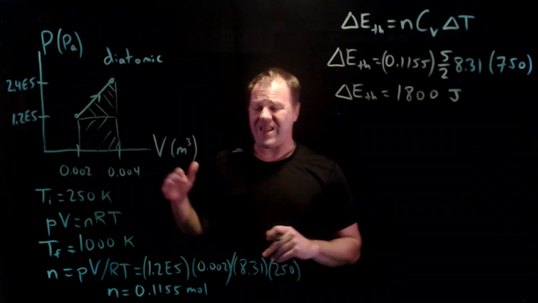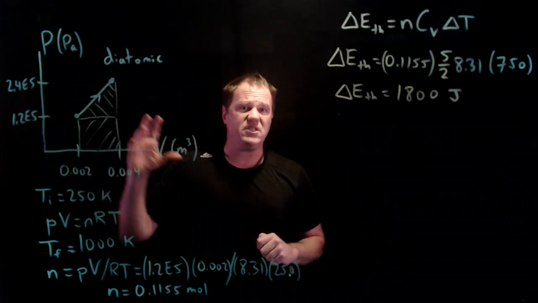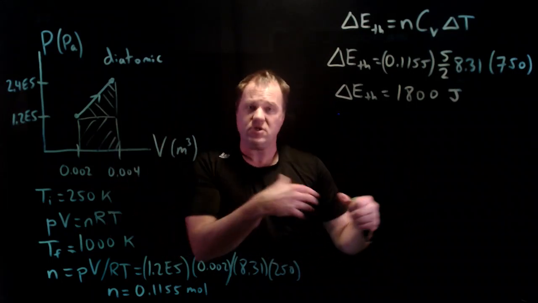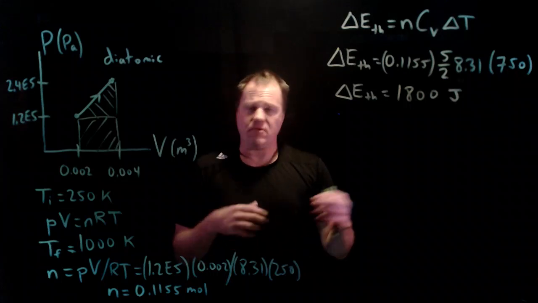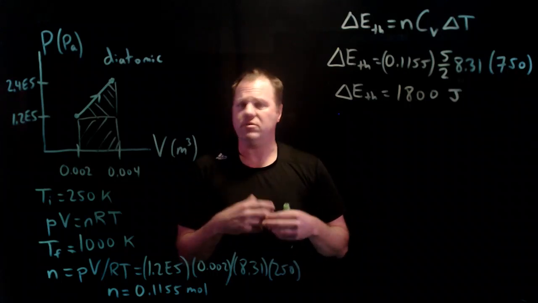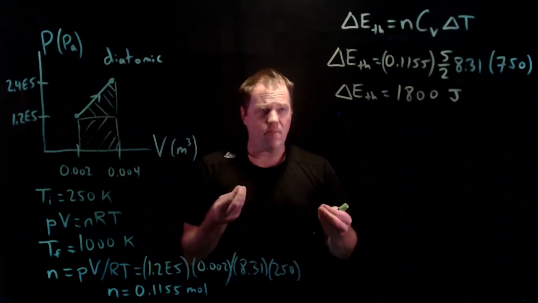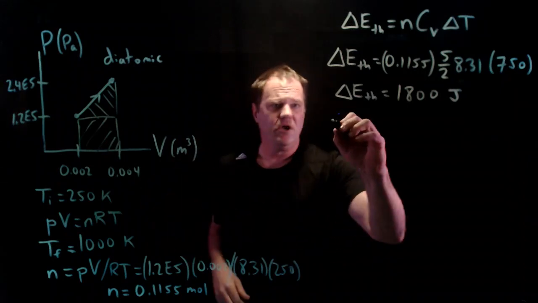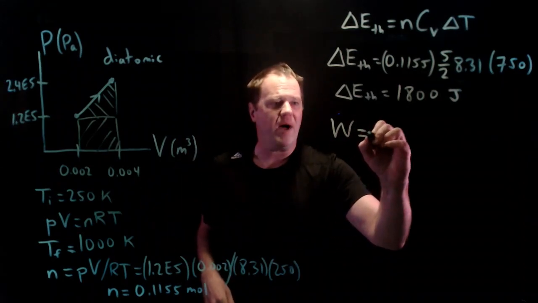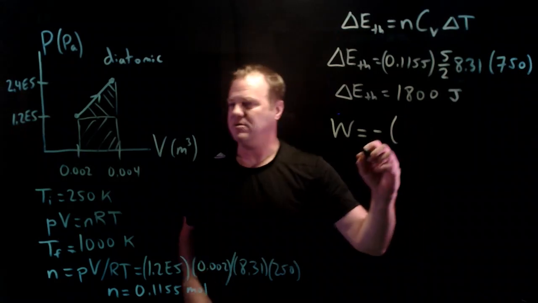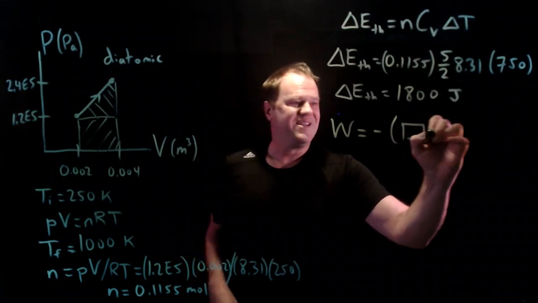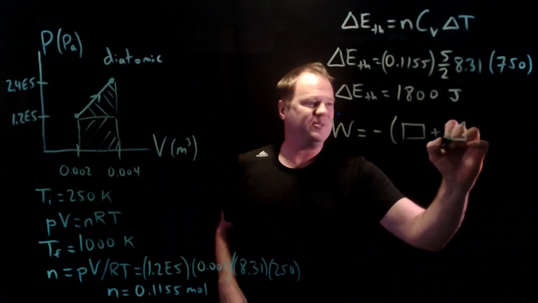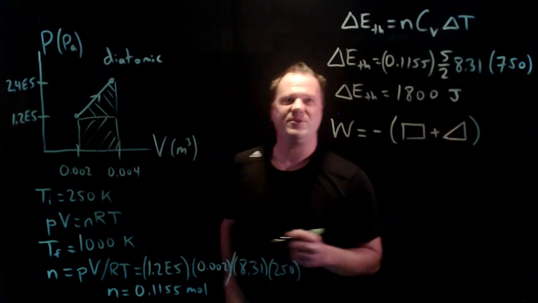An expansion for a gas is giving up energy to the environment, so we have to manually put in a minus sign. Of course, if you're doing an integral, that sign would take care of itself, but since we're doing geometry, you do need to manually put in a minus sign. So work will just be minus rectangle plus triangle, or area of those things.